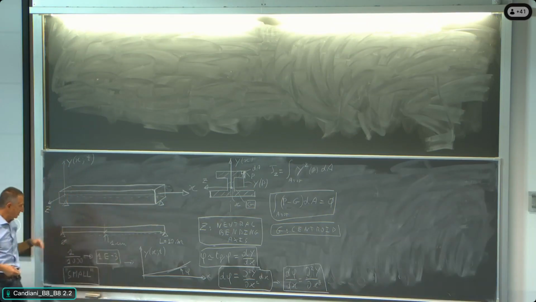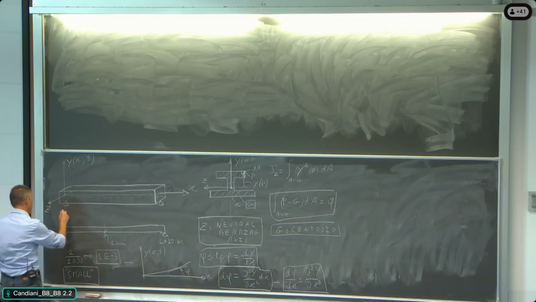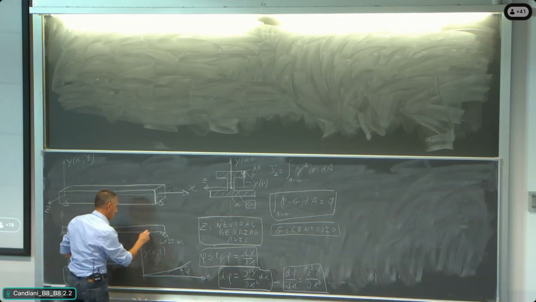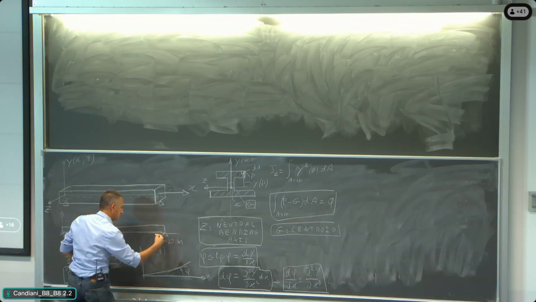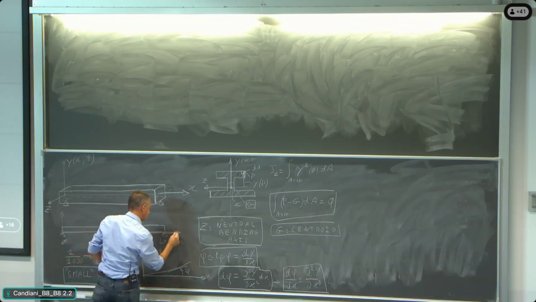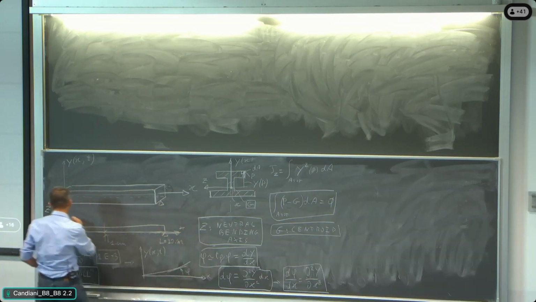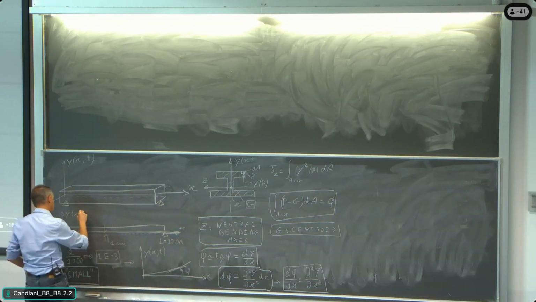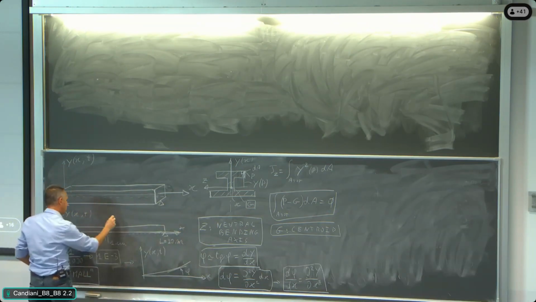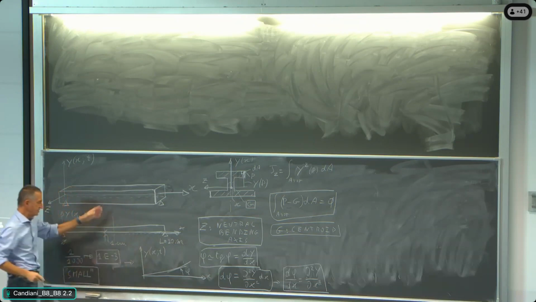Next we will show a diagram like that, and we say that this is the x-axis. This is the y coordinate, function of space-time.